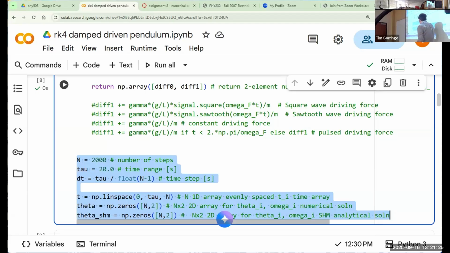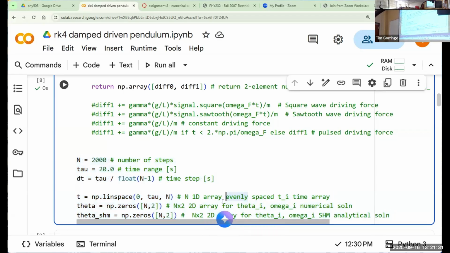The last line is not related to the numerical solution of the ordinary differential equation. I just wanted to compare my numerical solution to simple sinusoidal motion calculated with the analytical formula.